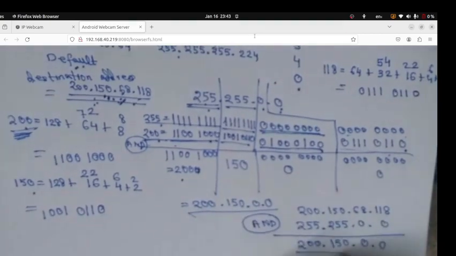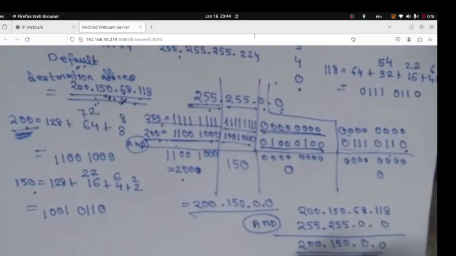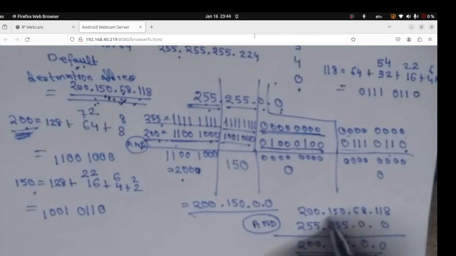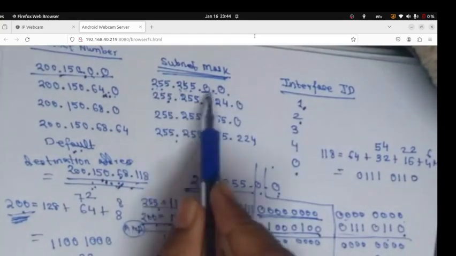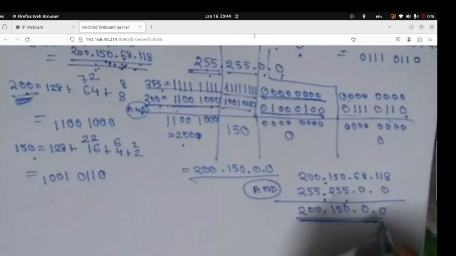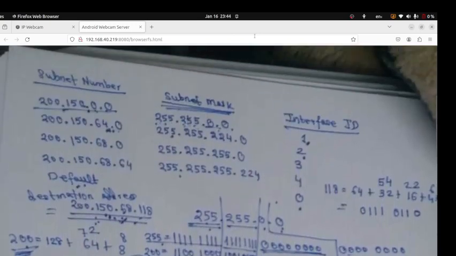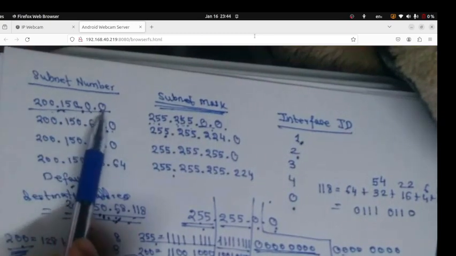Now this is the network address extracted after doing the AND operation between the destination address and the corresponding mask. The corresponding mask here was 255.255.0.0, so the network address is 200.150.0.0. Here, the entry in the first table is the same, 200.150.0.0.